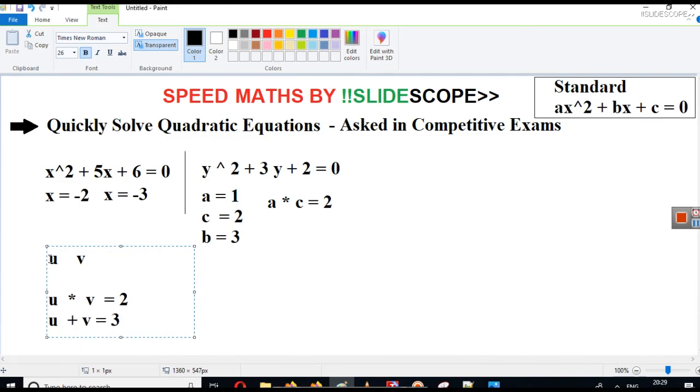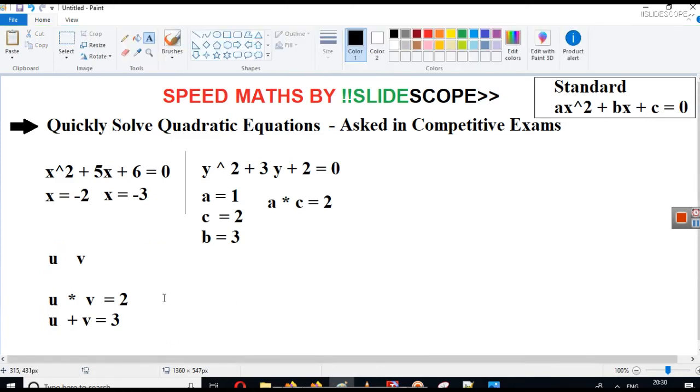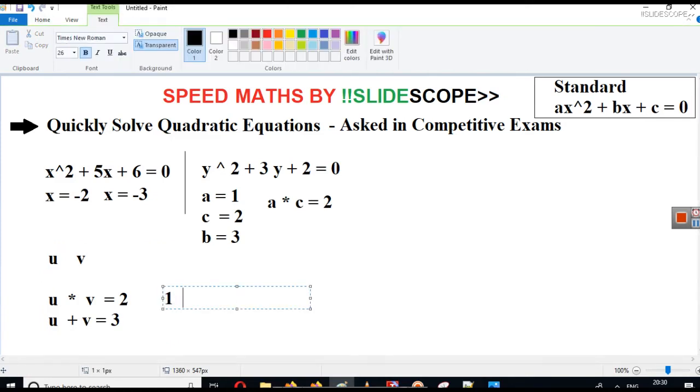This is really easy here because the first factor can be 1 and the second factor can be 2. So 1 into 2 is equal to 2, and when you add 1 plus 2, it comes to 3.